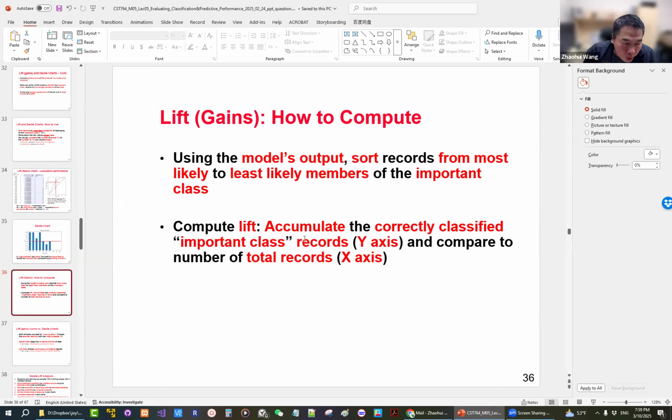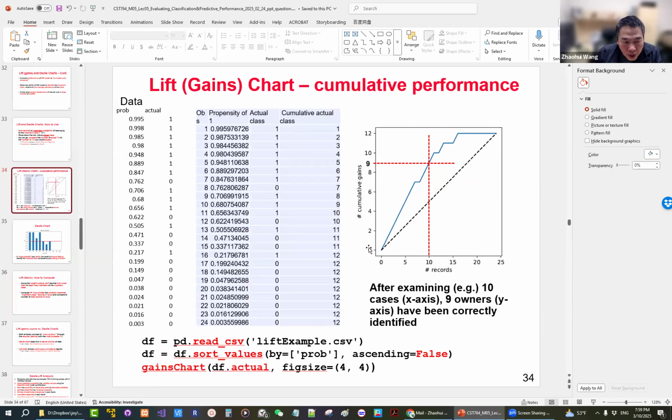So the lift chart is a plot of the accumulated important class, that is the y-axis, compared to the total records, that is the x-axis. Yeah, so in the case here, the accumulated class is in the vertical direction, and horizontal will be all the cases, including 0 or 1.